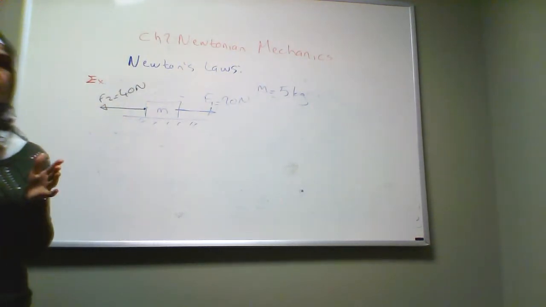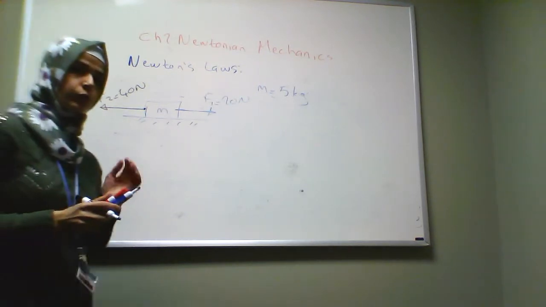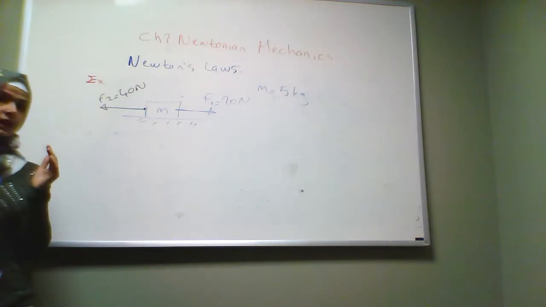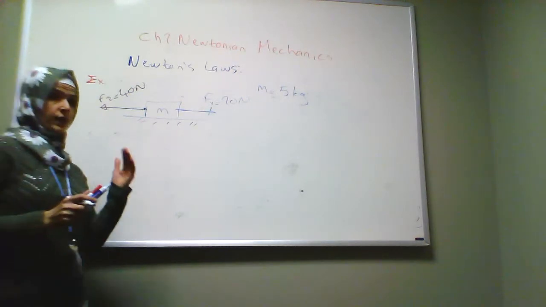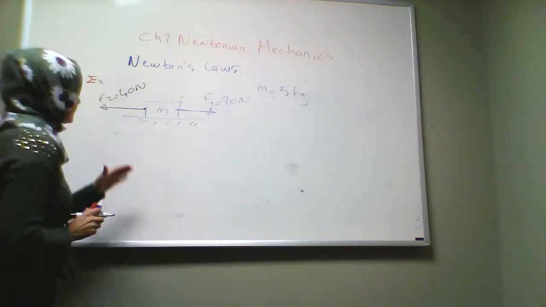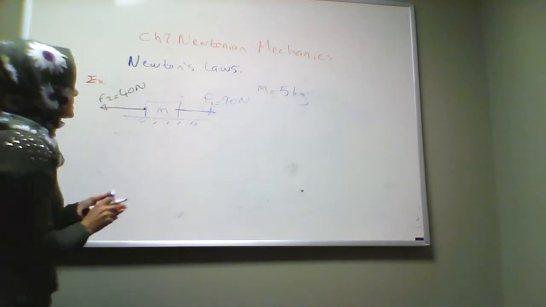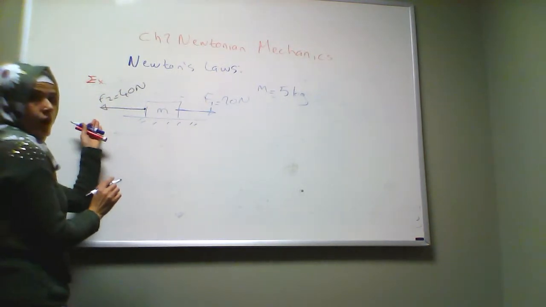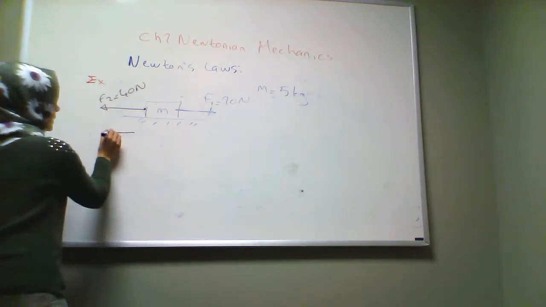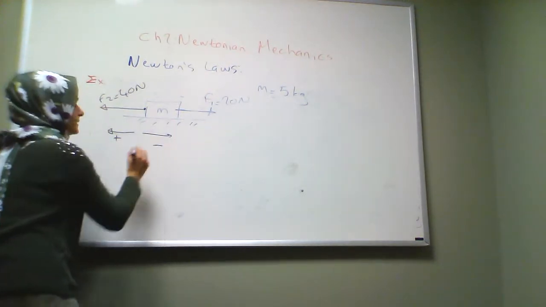Now in these questions, sometimes the question defines the directions, then we'll take the directions into account, but what we will use generally is the direction of motion and the direction of total force to be the positive direction for us. If I look at this question, I have two vectors in opposite directions. I can guess that it will be moving in the larger force direction. So I'm choosing my direction to the left to be positive, to the right to be negative.